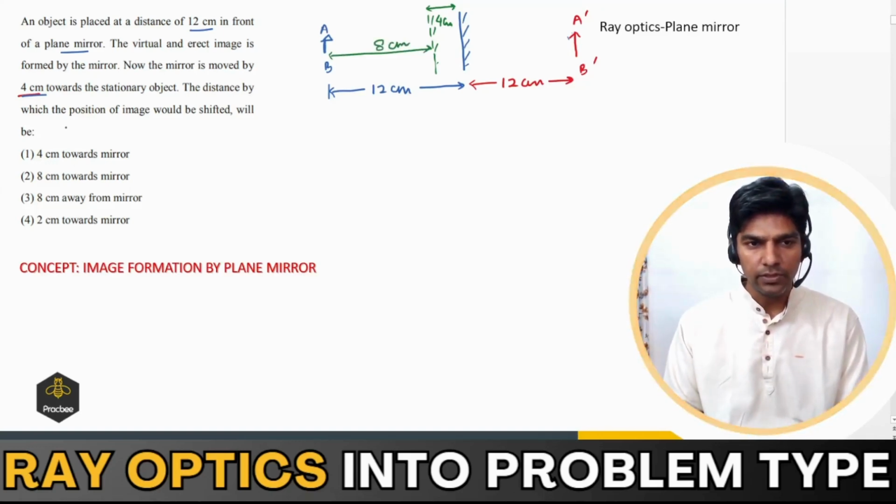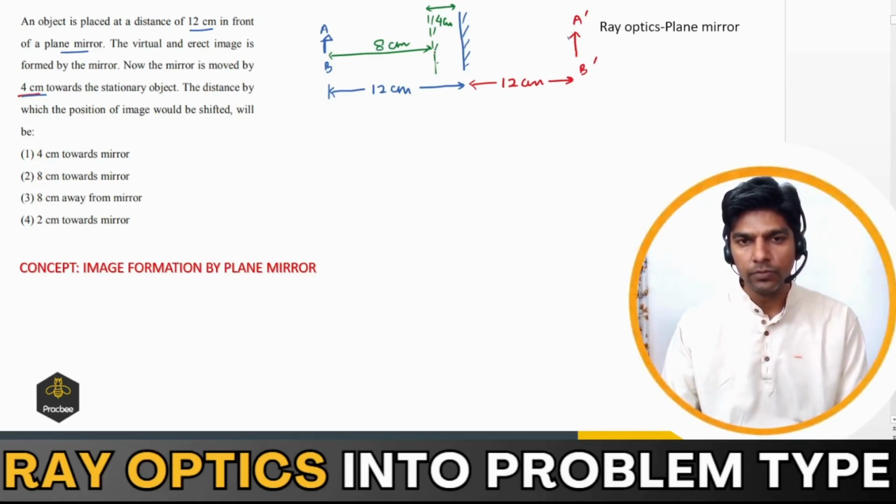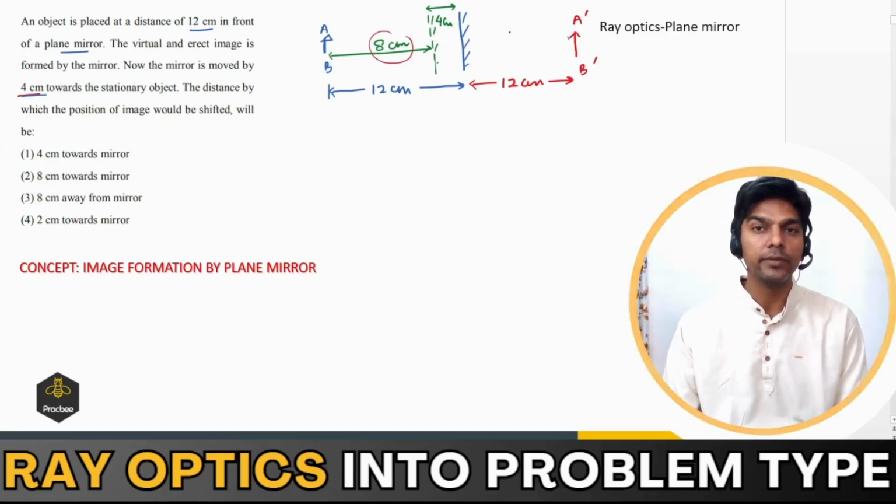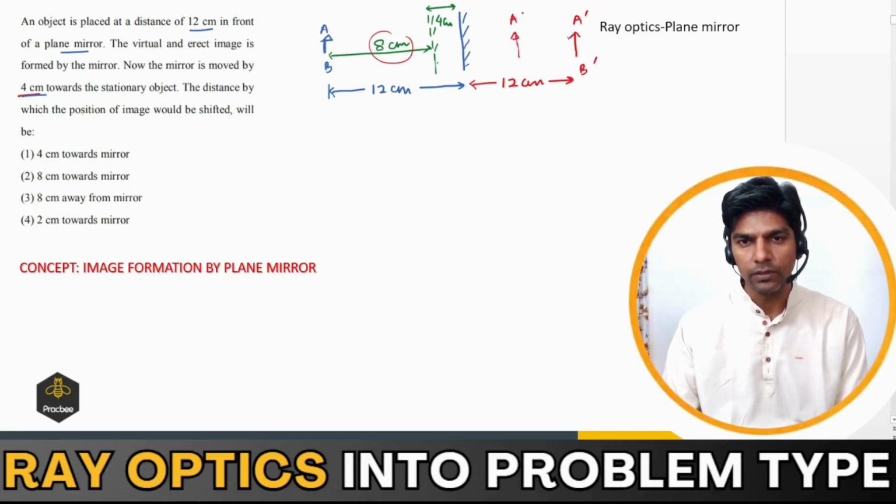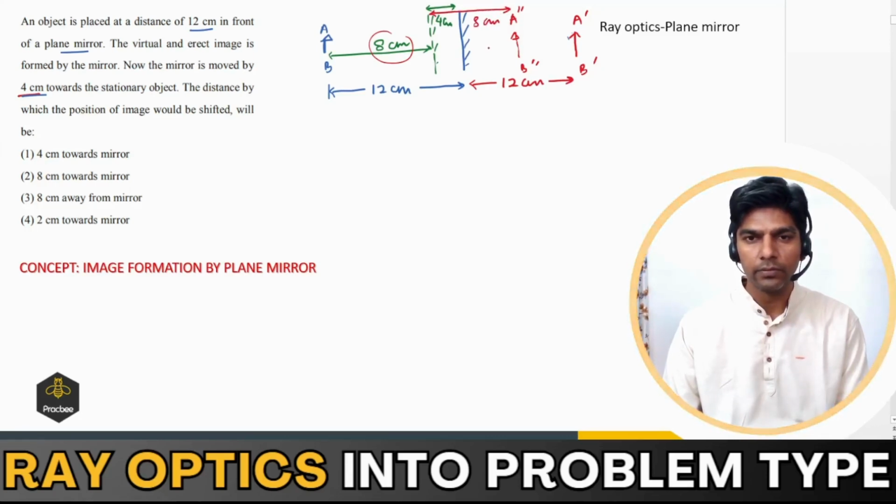We have to find the distance by which the position of the image would be shifted. Now the object is at a distance of 8 centimeter, so the image will be formed 8 centimeter behind the mirror. That will be the new position. Let me call this A double prime, B double prime, and this distance will be 8 centimeter.